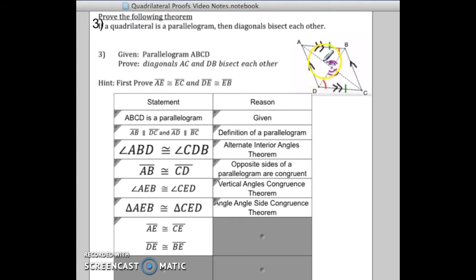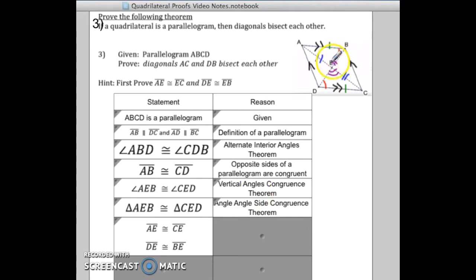So I'm going to mark AE congruent to CE. I also can mark these segments here congruent, but my picture's gotten a little bit busy.